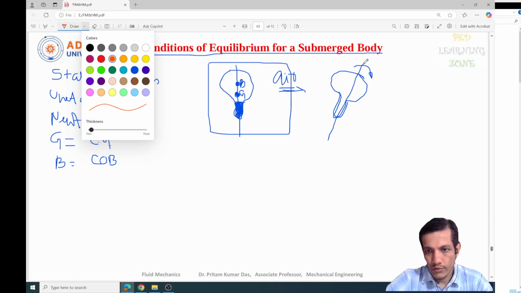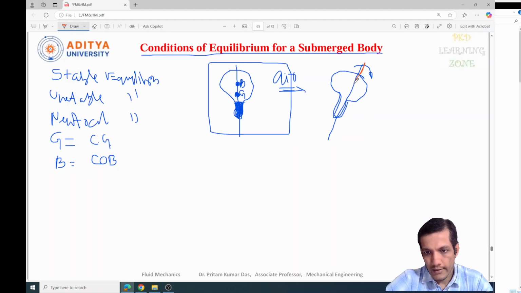This is the axis line, and this is the heavy material filled here. Due to this rotation, your G point will be here only, and the B point is above this G, at the center point of this.